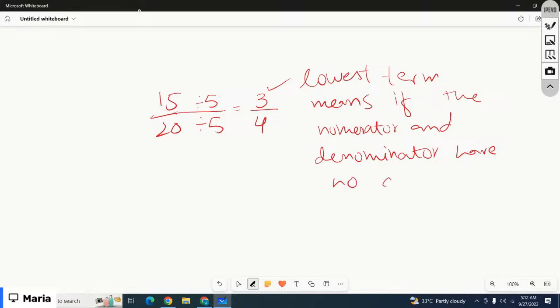You can see now 3 by 4 does not have any common factor, right?